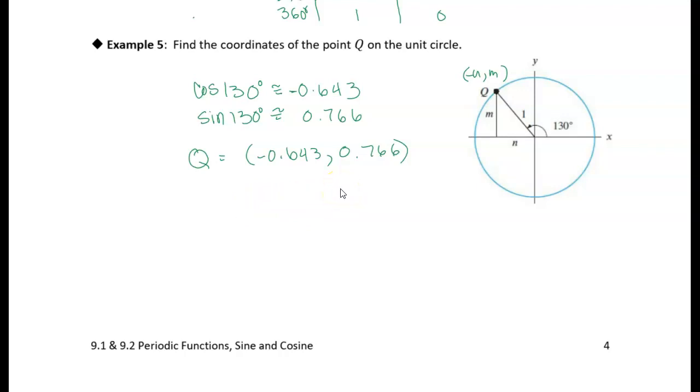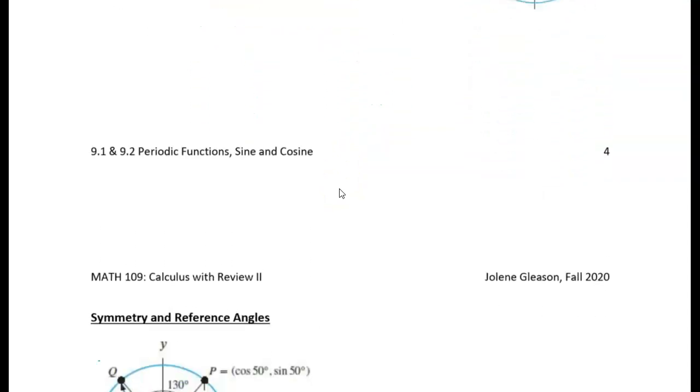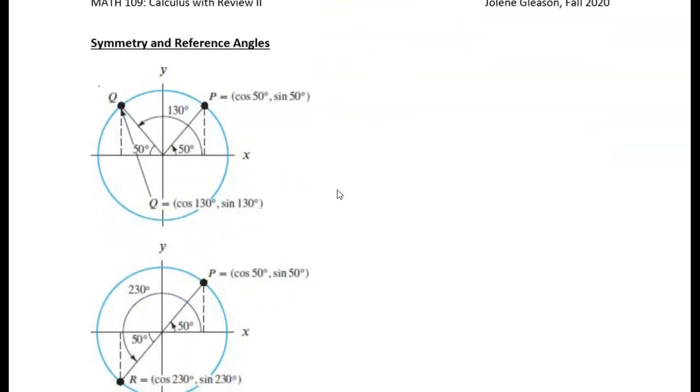All right, so like I said, I'm going to use this as a jumping off point to talk about reference angles. So let's take a look at this first circle here. You can see we have this point P, which is at 50 degrees, and then we have the point Q, which we're just dealing with at 130 degrees. Now, I want you to notice also this triangle that's formed, right?